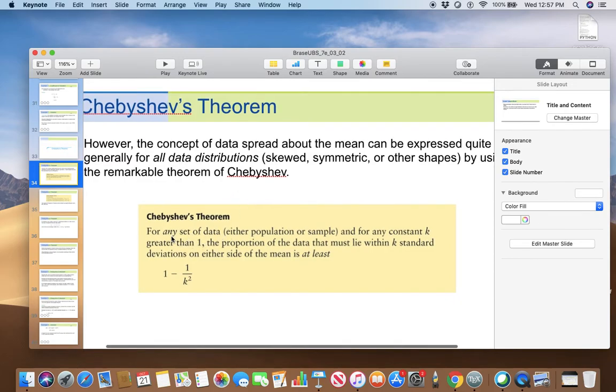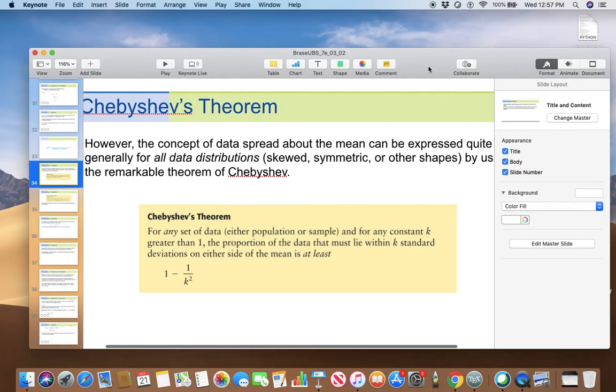Chebyshev's theorem says for any set of data, either population or sample, and for any constant k greater than 1, the proportion of the data that must lie within k standard deviations on either side of the mean is at least 1 minus 1 over k squared.